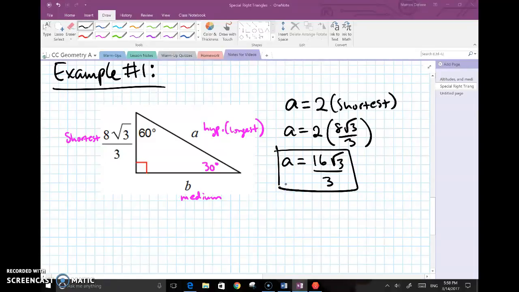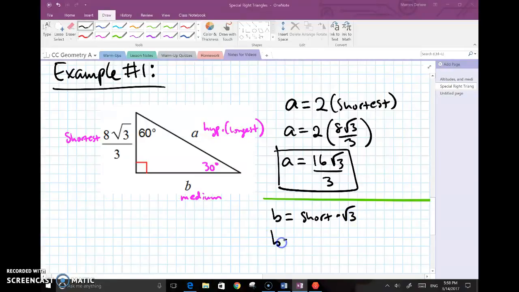For the value of b, I have to remember that b is somewhere in between the shortest and the longest sides. And b is radical 3 times longer than the short side. So to get that value, I would simply say this. I'm going to create a division here to separate my work. So b, being the medium, is equal to the shortest side times radical 3 more.